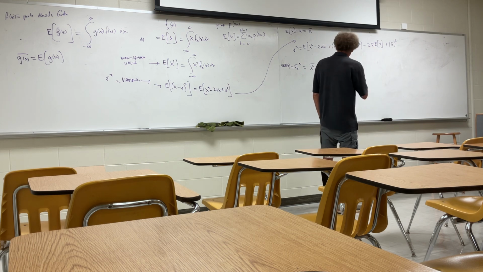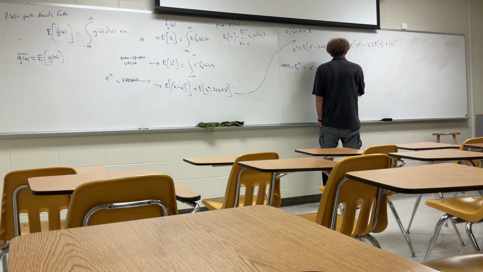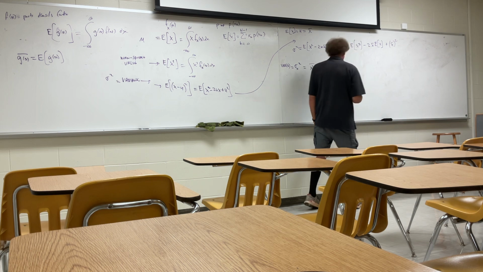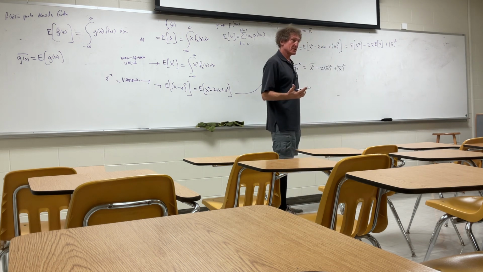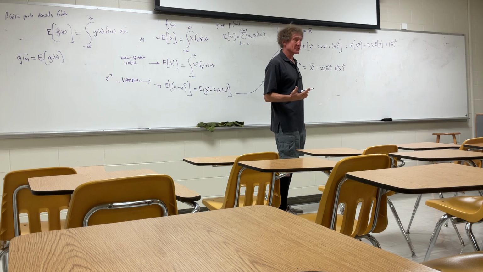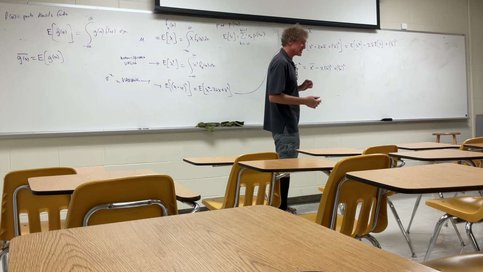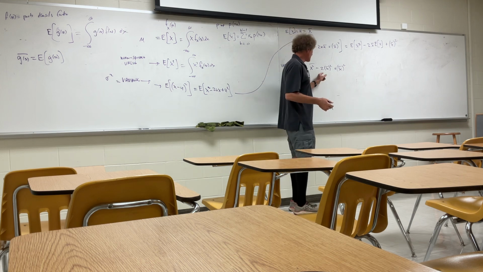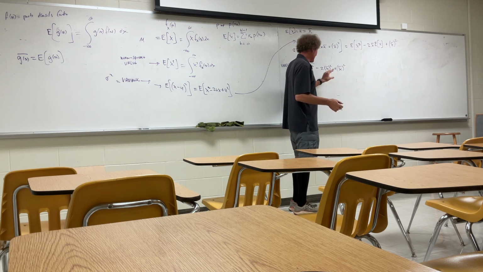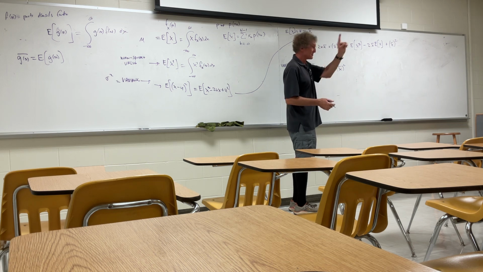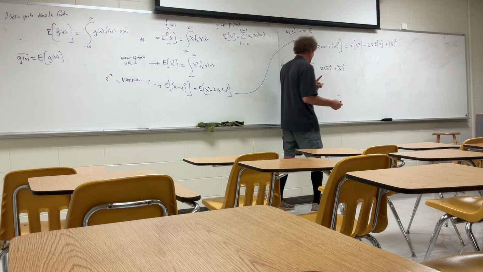Anyway, plus x bar squared. Do you remember this in the book? Him doing this or not? If you don't, this should be very useful because there's something obvious that happens. Take a good look at this. What is 2x bar squared plus x bar squared equal to? 1x bar squared, right?